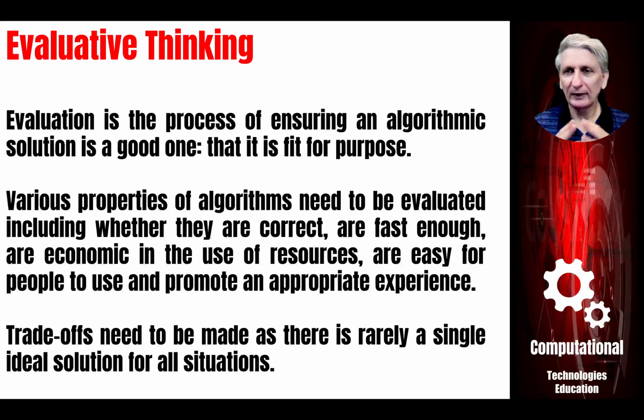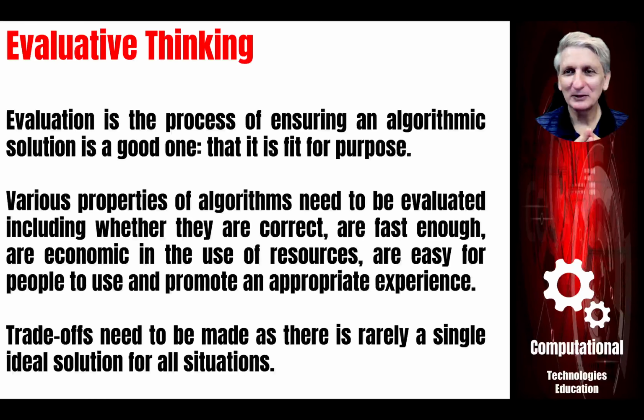Now, we often think of computer programs as being really quick and efficient and so forth. But if you're creating the Google search engine, where you've got to search hundreds of billions of questions every hour, then you want a really efficient algorithm that's doing that.